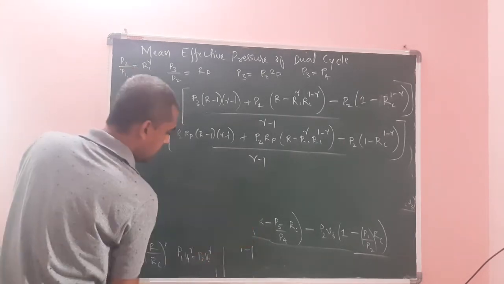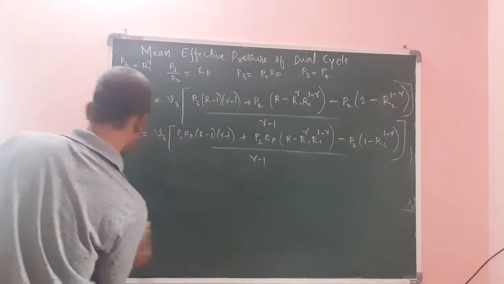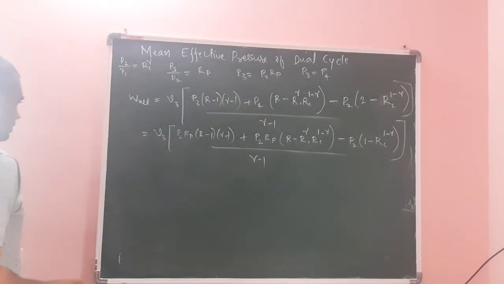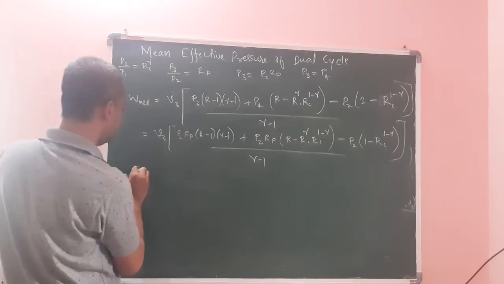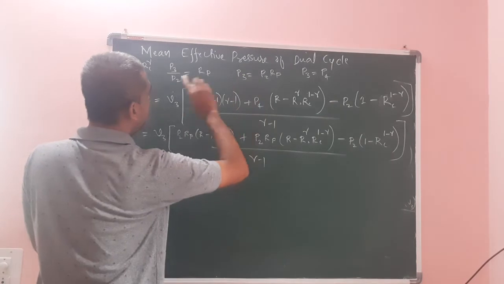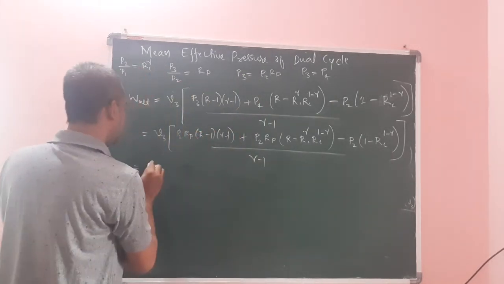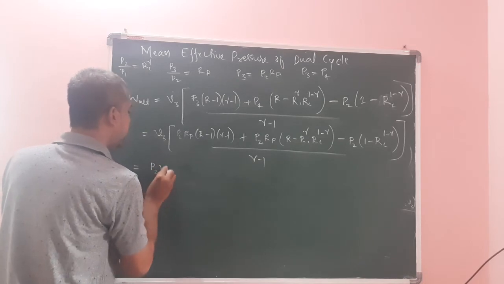Okay, we will still simplify this one. Okay, what we will do? P2 equal to P3, because 2 to 3 is a constant volume process, and I will take P2 common here. Therefore, what will remain? P2.